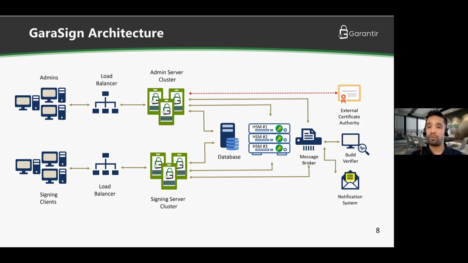One is what we call pre-sign validation. That means before I allow whatever the client is requesting to be signed to get signed, we do the validation then. And then we also do post-sign validation, which means the signing server immediately signs whatever it receives, and then it'll start the build verification process.